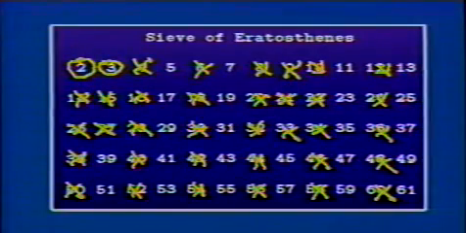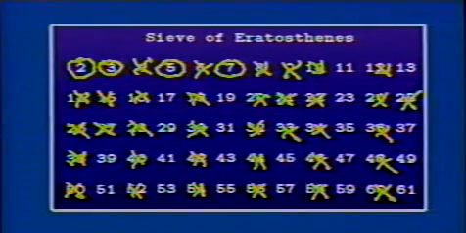And then I see what I'm left with, and the next one I have is 5. And now I scan through the rest, and I cross out from the remainder all the ones that are divisible by 5. Then I find 7, go through all the rest, cross out things divisible by 7, and I keep doing that forever. And when I'm done, what I'm left with is a list of all the primes. All right, so that's the sieve of Eratosthenes.